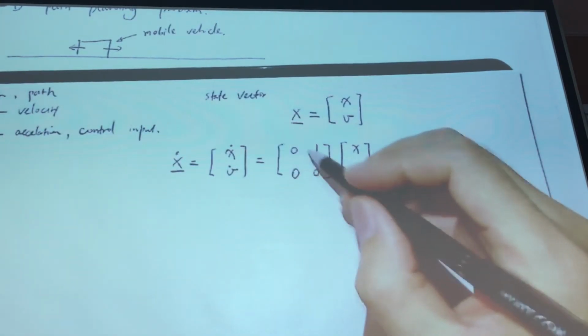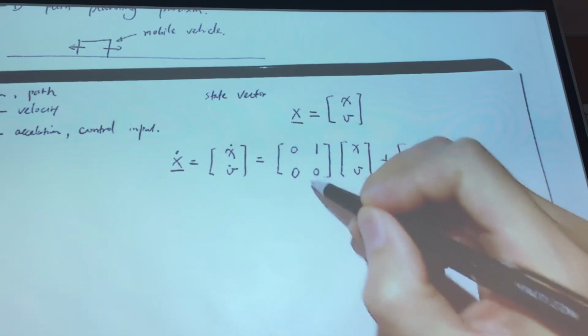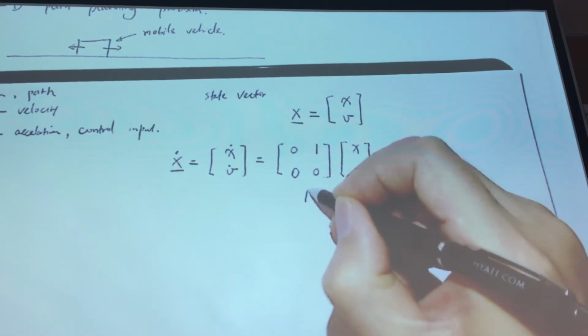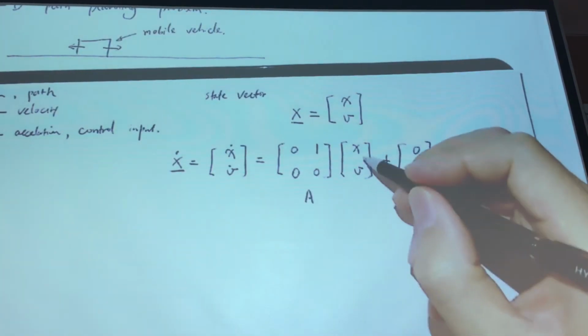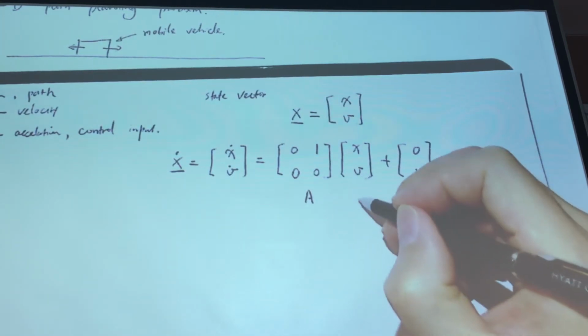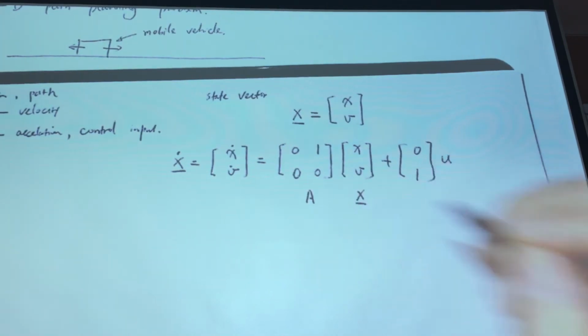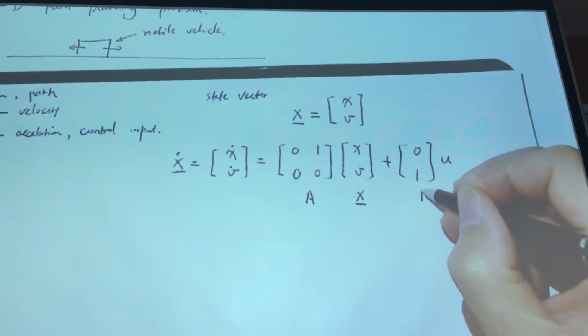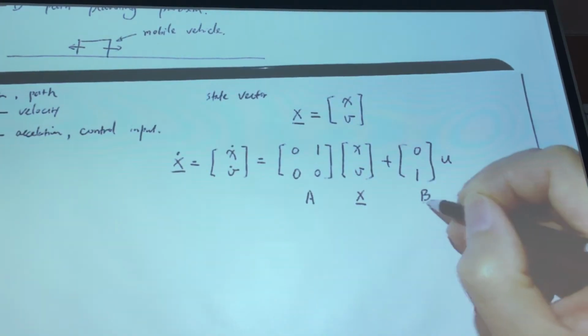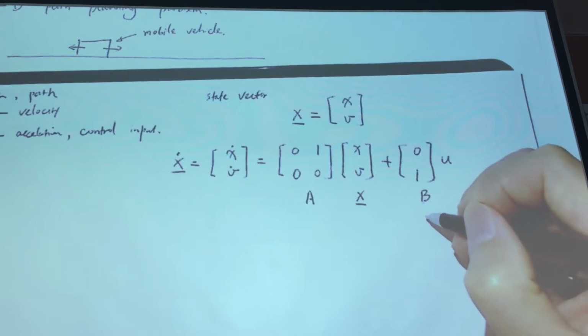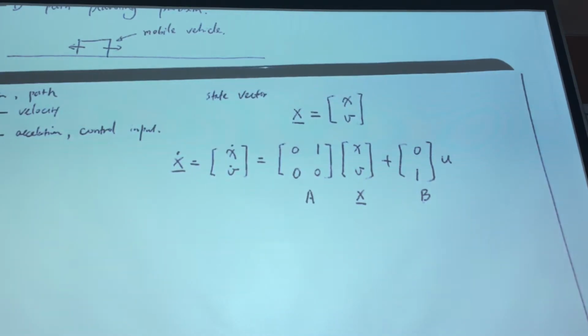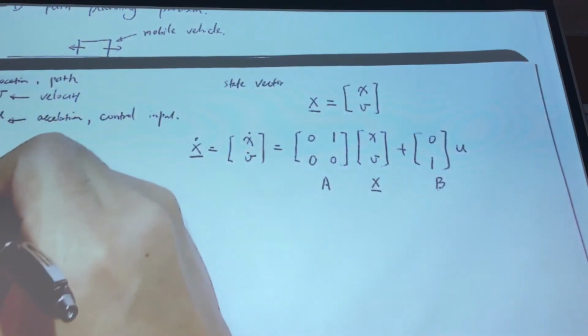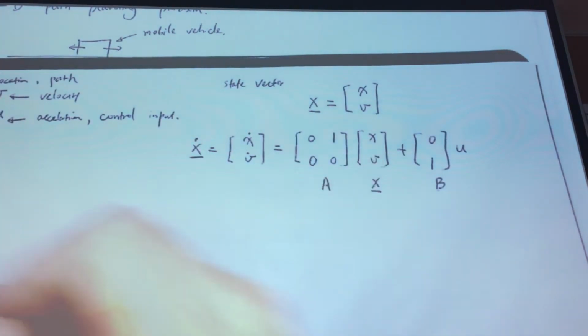In this form, we define the first matrix to be A, and this one is just the state vector x, and we define this to be the matrix, a vector of B. So we may have a state space form for the dynamics.